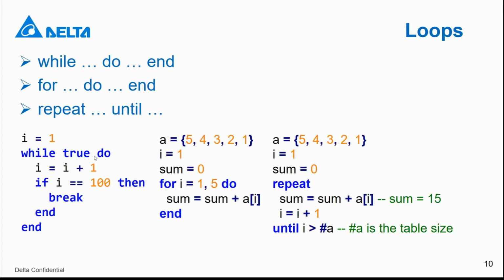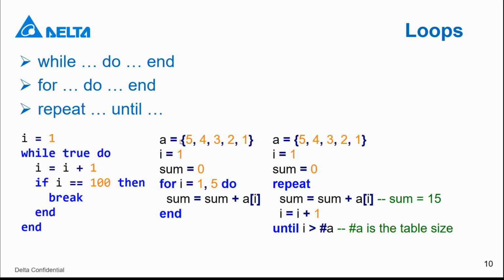The robot language also has a true keyword, which means always true here. So it will repeat this loop until i equals 100, then it will break. Break means it will jump out of this loop. So in the end, i will be 100 because it ran 100 times.